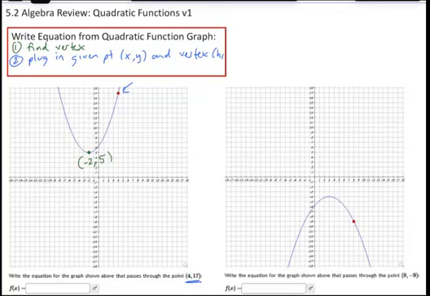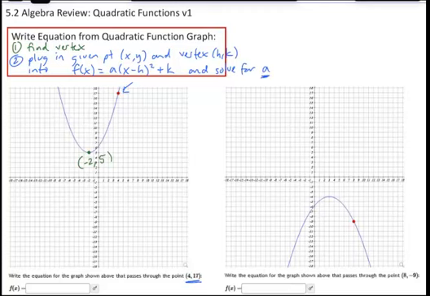Remember, the vertex is (h, k), into the equation for, I'll use function notation, the equation for vertex form: a times (x minus h) squared plus k. This is going to allow you to solve for a.